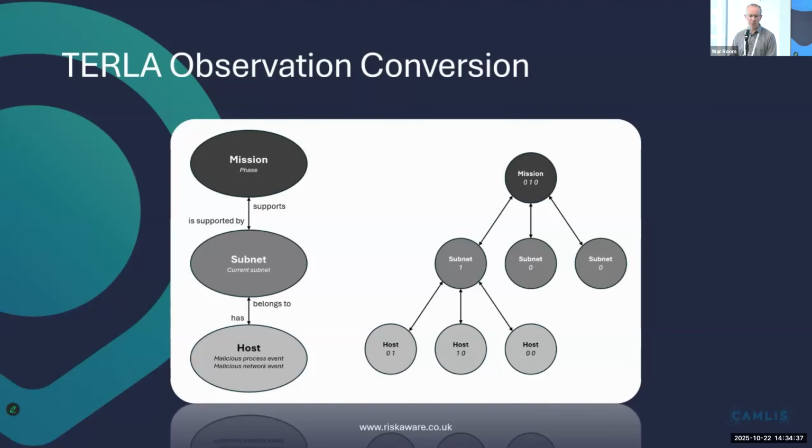So we store properties on them like mission phase, whether the subnet's one of the ones that the agent's defending, and those malicious host and malicious process and network events on the hosts. And then on the concrete example there, you can see that in this example, we're in phase 2 of the mission. There are 3 subnets on the network, the agent's defending the first one of those, and then we can see whether there are any of those IDS events on any of the hosts.